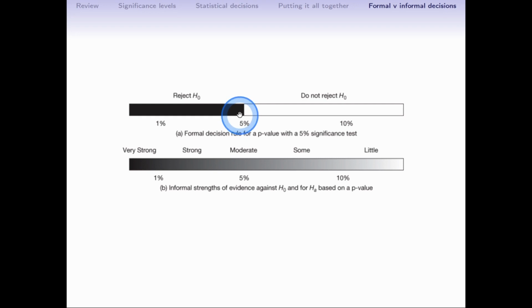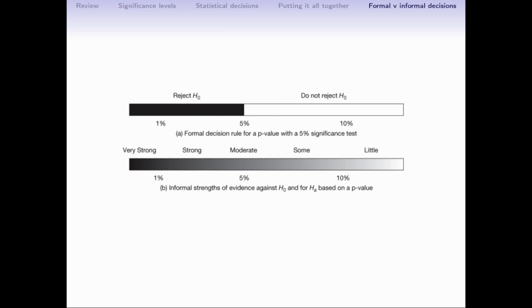And it is hard to stomach the fact that just a small change in the data set might flip your p-value from 5.5% to 4.5%, and you go from having a conclusion that does not favor the alternative hypothesis to a conclusion that actually does find significance and finds support for the alternative hypothesis.